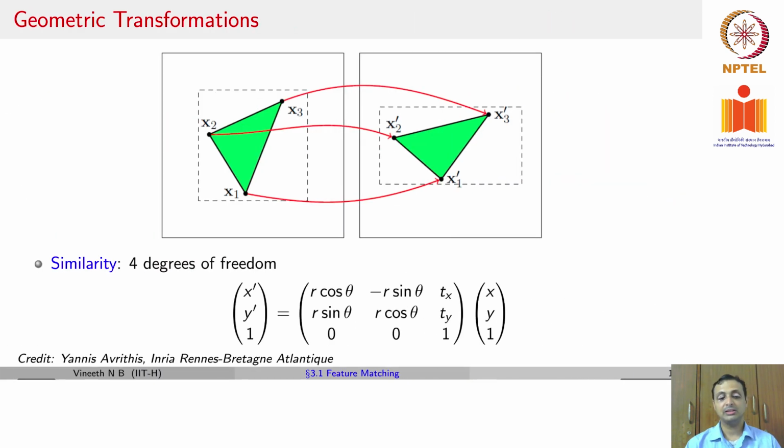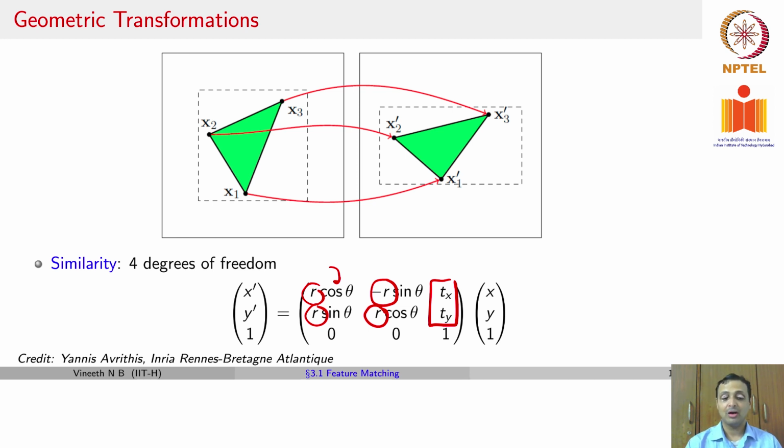Another transformation is called the similarity transformation, which has 4 degrees of freedom. It combines rotation, has 2 degrees of freedom due to translation, but you also have a scaling aspect here, which is given by r, which can change the size of the object in the second image. When we say size or scale, remember, it would correspond to zoom in or zoom out in terms of the camera parameters.